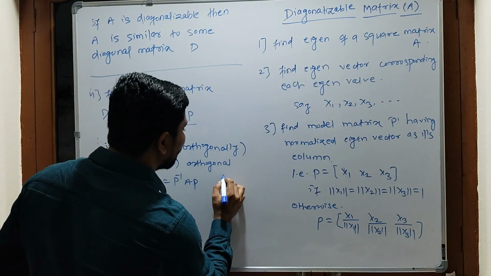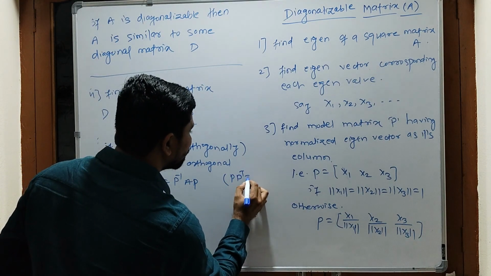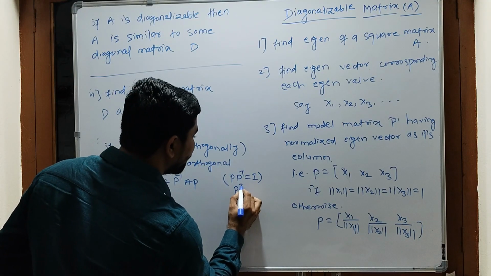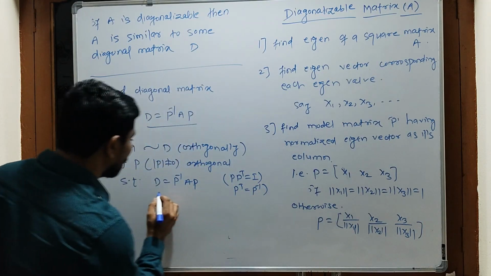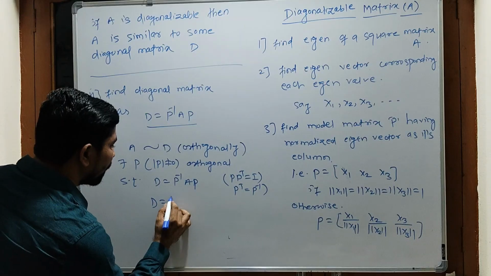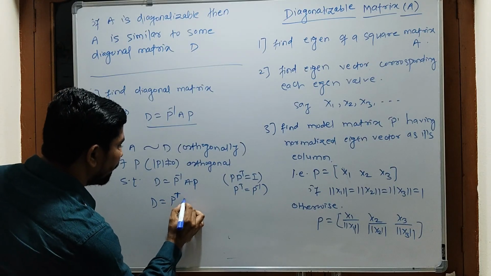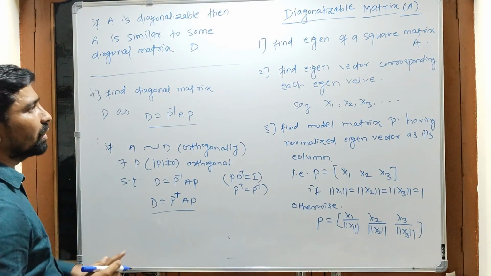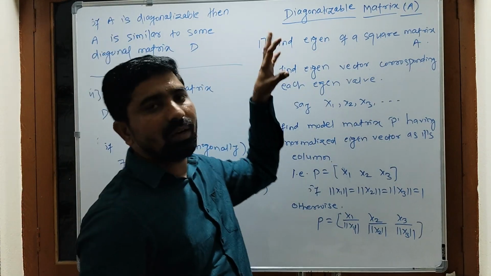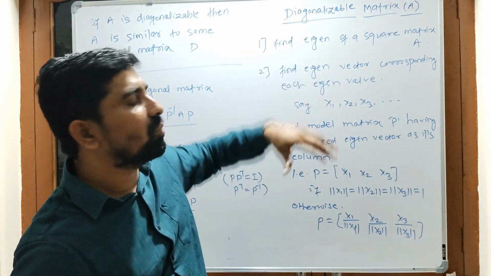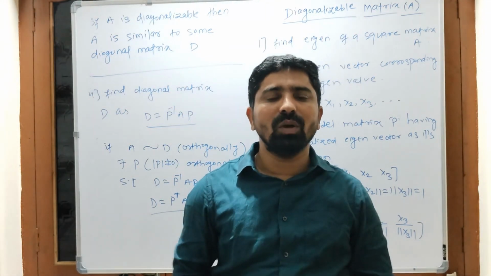Since P is orthogonal, P into P transpose equals I, so P transpose is the same as P inverse. Therefore D equals P transpose AP. This is the working rule for diagonalization of a square matrix.